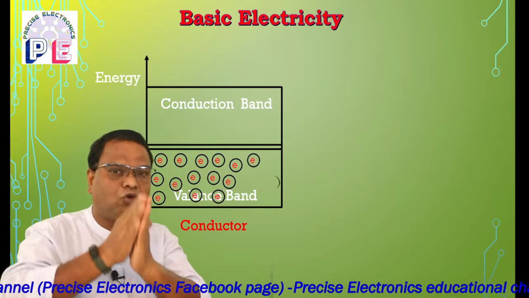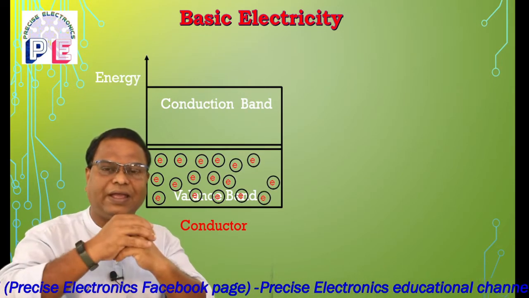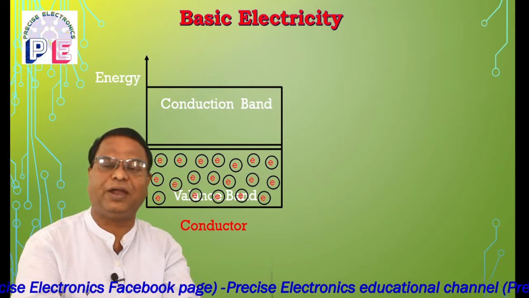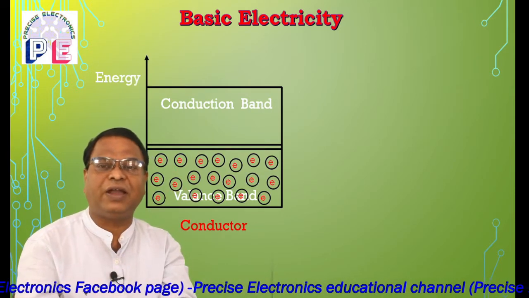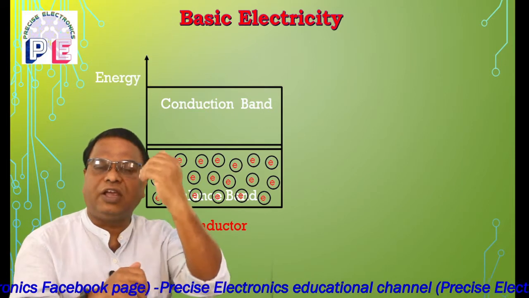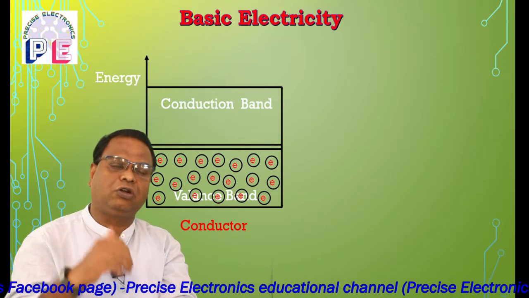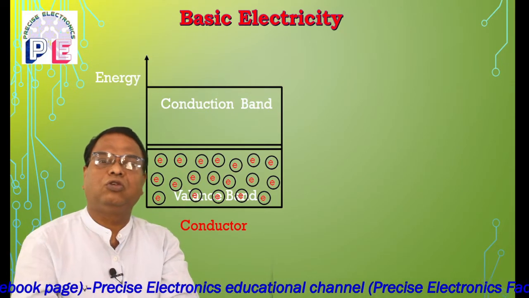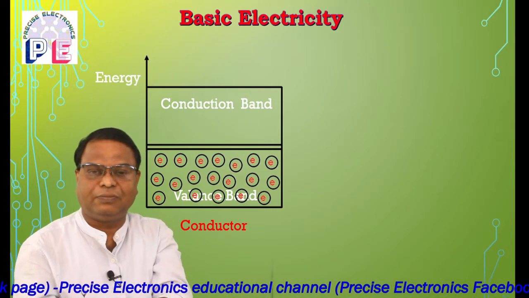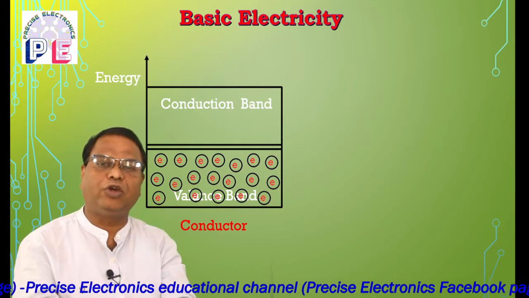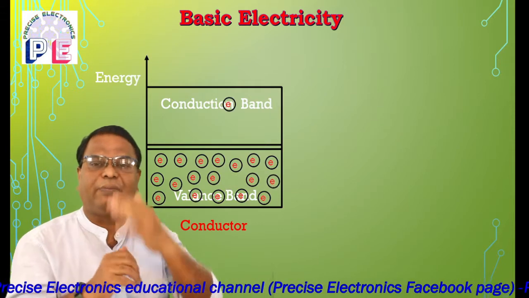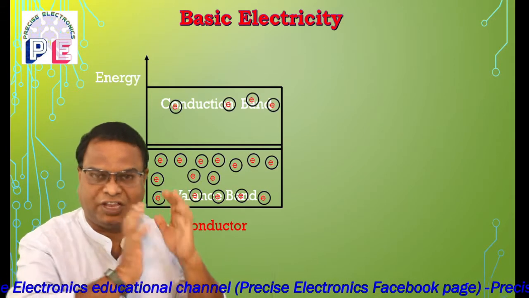But as there is no energy gap between the conduction band and valence band, the electrons from valence band are free to move in conduction band also. And how the electrons are going to move in conduction band is now going to be displayed on your screen.